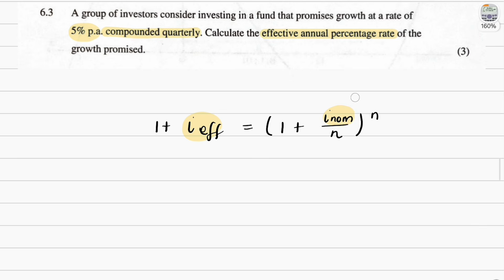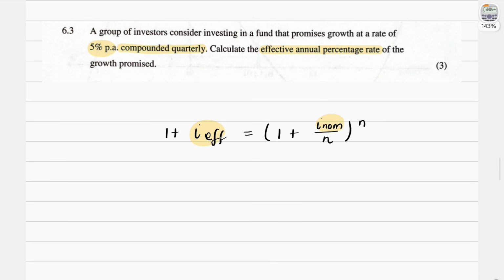And we just need to substitute into the right places. So the effective, that is the per annum interest, the per year, is what we're trying to find, and they quoted 5% compounded quarterly. So here's how we put this in. We're saying 1 plus I effective because that's what we're looking for, and we're saying 1 plus the interest quoted, which is 5%, so 0.05 over, now it's compounded quarterly, so we'll divide by 4 and raise to the power of 4.